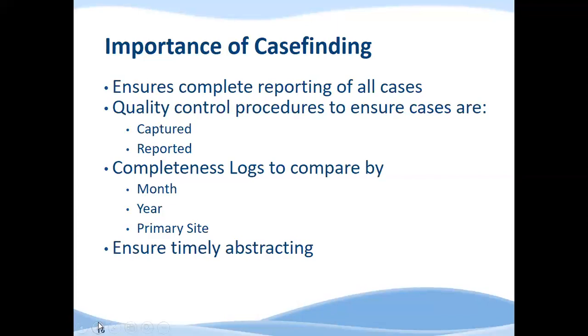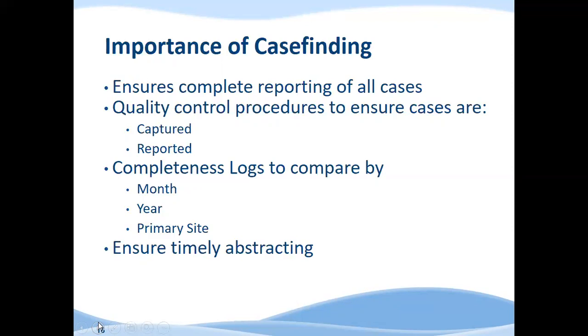Multiple completeness logs can be used, for example, the number of cases by month, by department, by year, or even by cancer site. I'll show you some examples in a moment. By comparing the different monthly or annual reports, you can identify underreporting areas so that immediate corrections can be made. Make sure that case finding procedures are doing what they need to be doing.